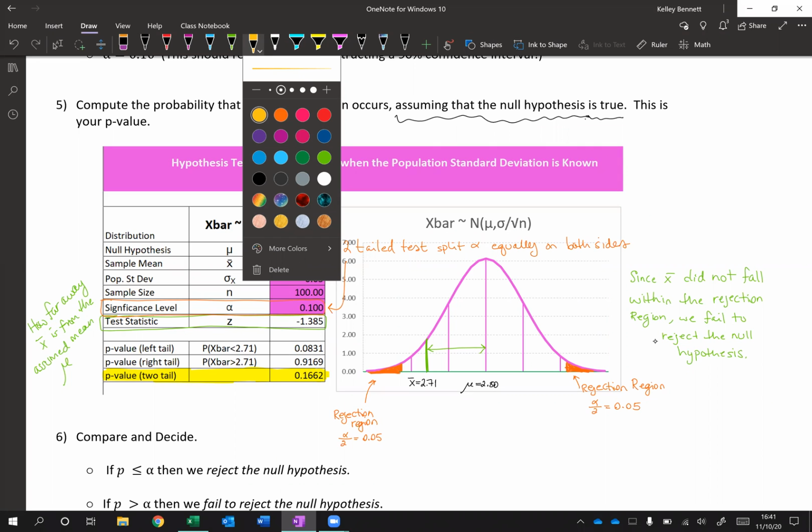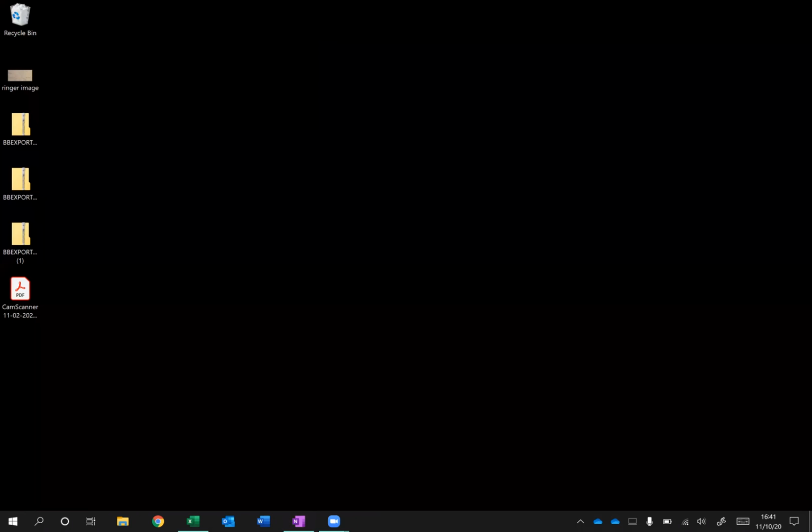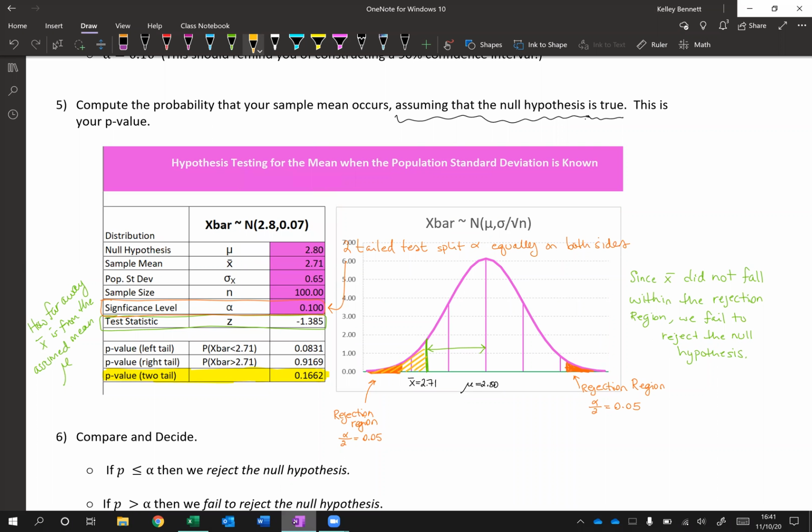Your p-value is really telling you what is this area right here. But when you have a two-tailed test, you have to mimic it on the other side. You don't need to know how this works in order to make the decision, but if you want to know how it works, this is what's going on.